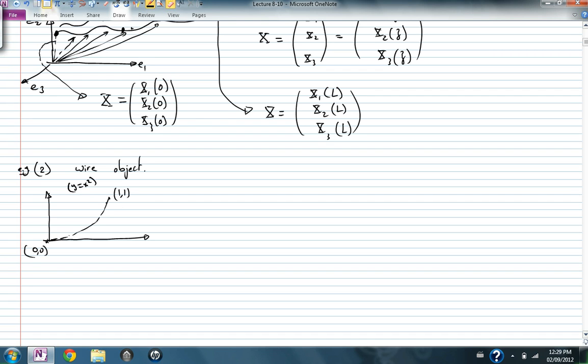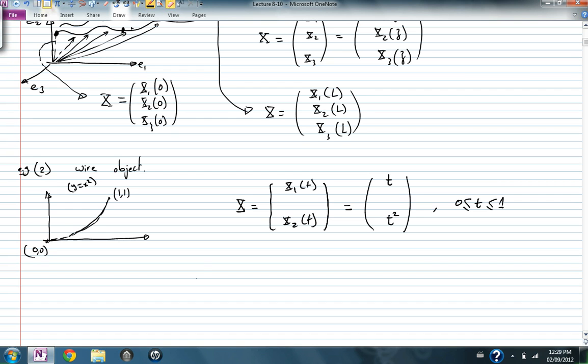The set of vectors representing this line can be represented by xc, where xc is the vector x1 of t, x2 of t, where x1 of t is equal to t, and x2 of t is equal to t squared, where t is between 0 and 1.